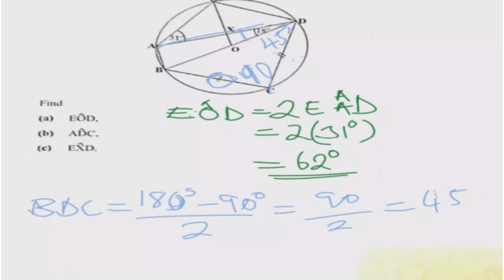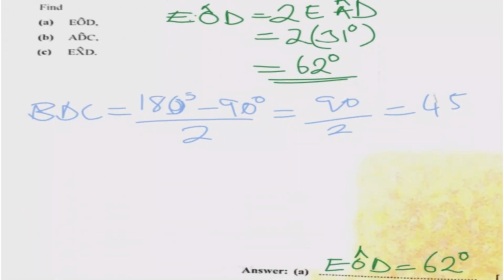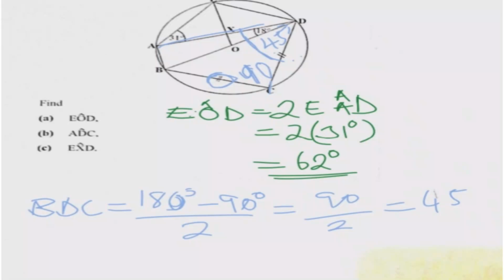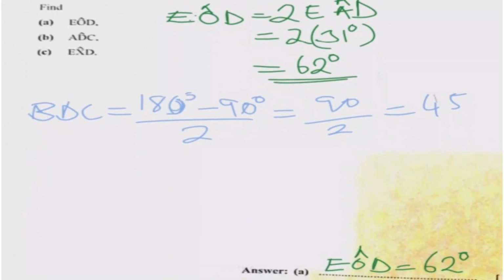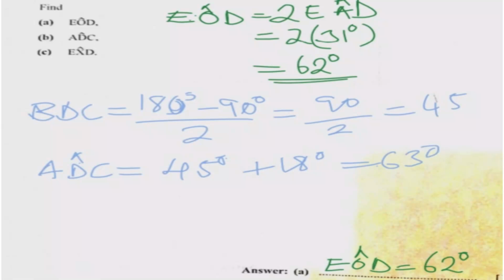Once we have found the value of 45 degrees, remember the angle we want to find has got two angles there. So we add 45 plus 18. We're going to say angle ADC is equal to 45 degrees plus 18 degrees, which should give us 63 degrees.